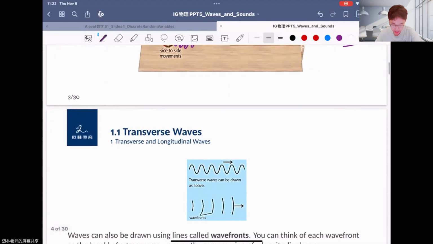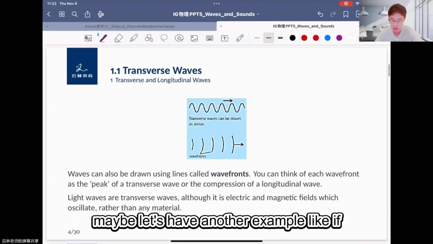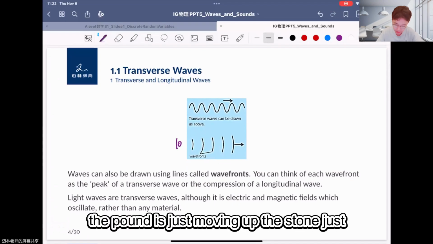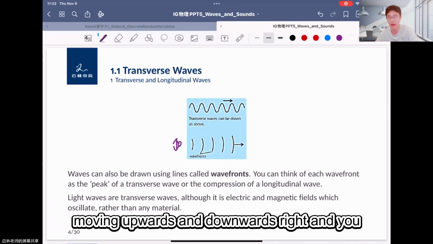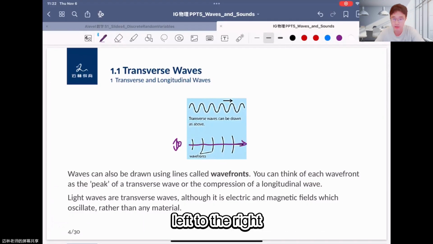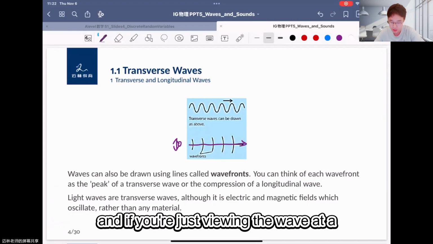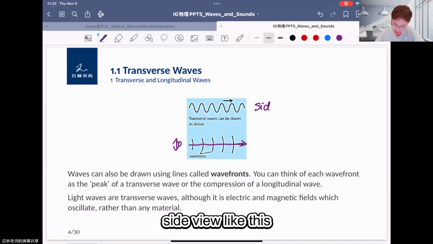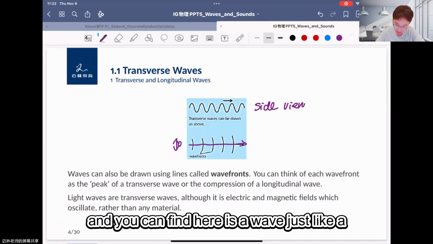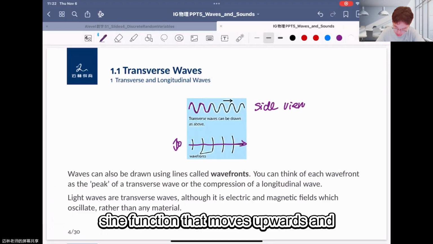So after that, let's have another example. If you're throwing a stone in a pond, you can find the water moving just upwards and downwards, right? And you can find the wave traveling from the left to the right, okay? If you view the wave from the side view, you can find the wave is like a sine function, moving upwards and downwards.